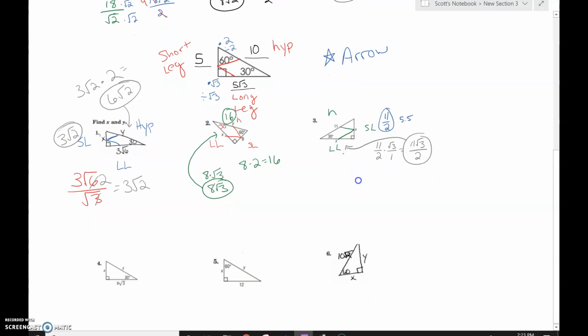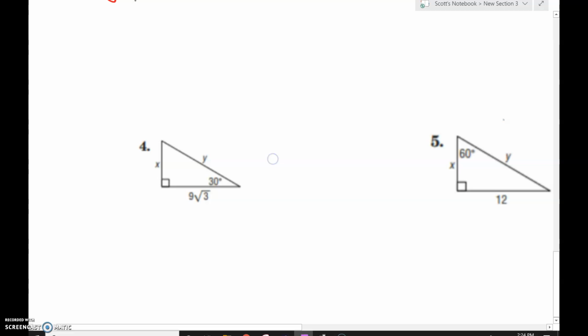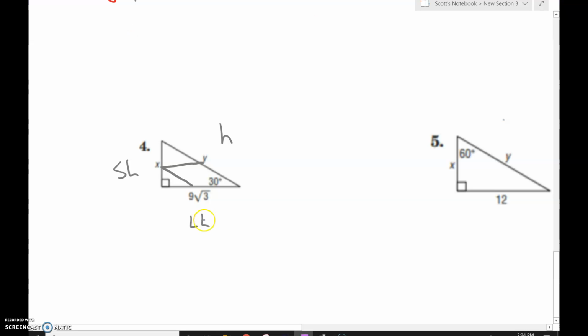Okay, if I look at number 4. You find your 30, draw your arrow. I've got my hypotenuse, my short leg, my long leg. Then I need to go back, long leg to short leg, traveling on my line.